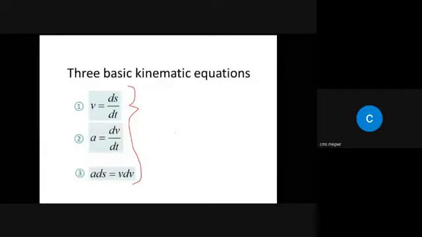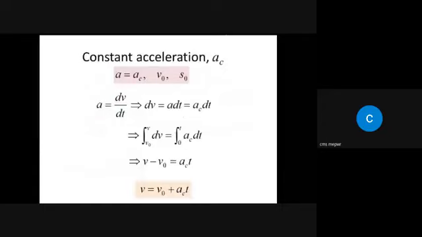So now let's see. Constant acceleration means that acceleration is equal to a constant. When acceleration is constant, this means the change in velocity is constant.